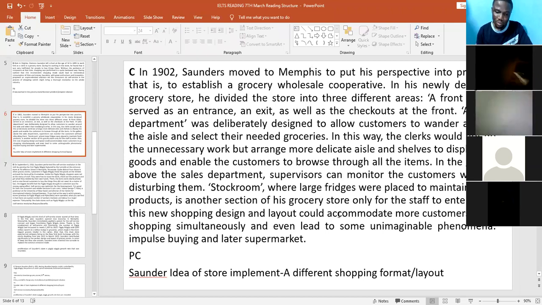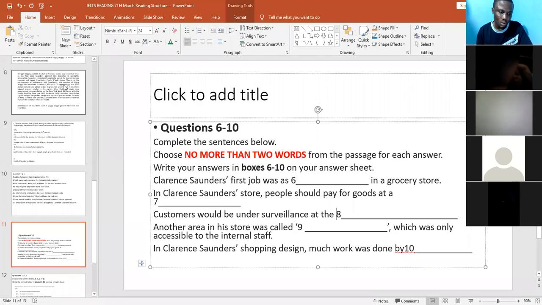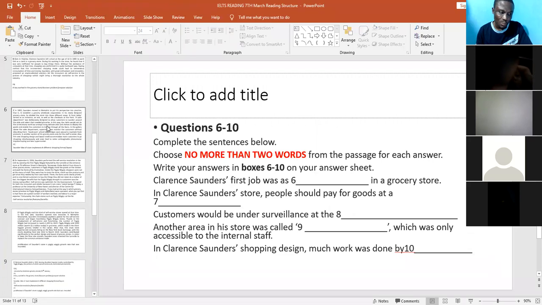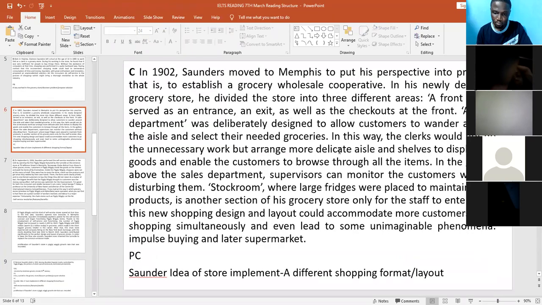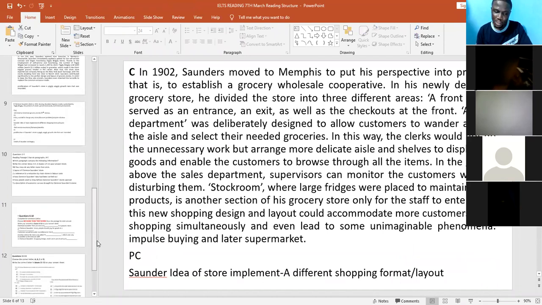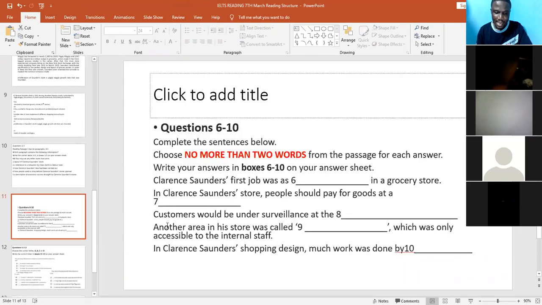I will have to go to it again. What's the name of the place? I didn't pick the name. In the gallery, that's the name. So I don't need to memorize anything. Another area in the store, he mentioned 2 areas which were only accessible to internal staff.